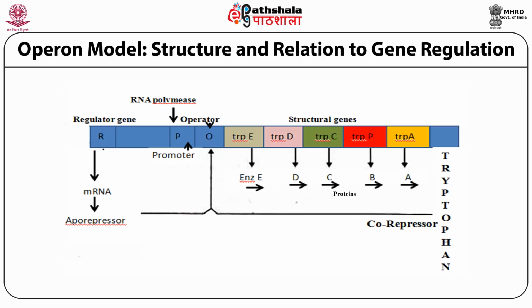If the protein is present in the cell, the operator stops the further production of protein down the assembly line, whereas if the cell lacks the protein, it signals the promoter to begin the production of the protein as per the requirement of the cell.